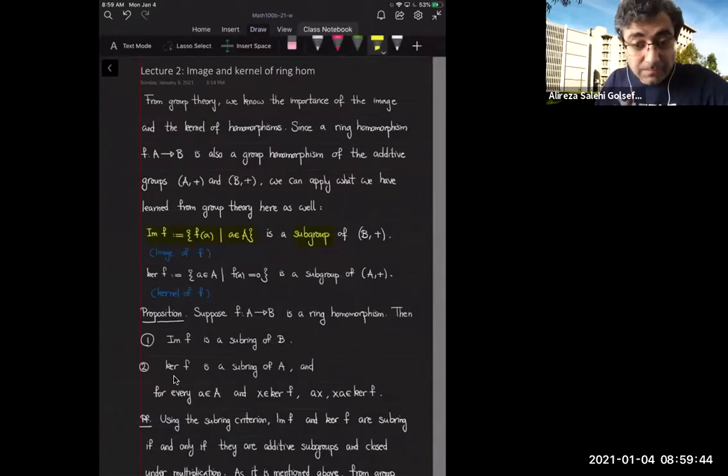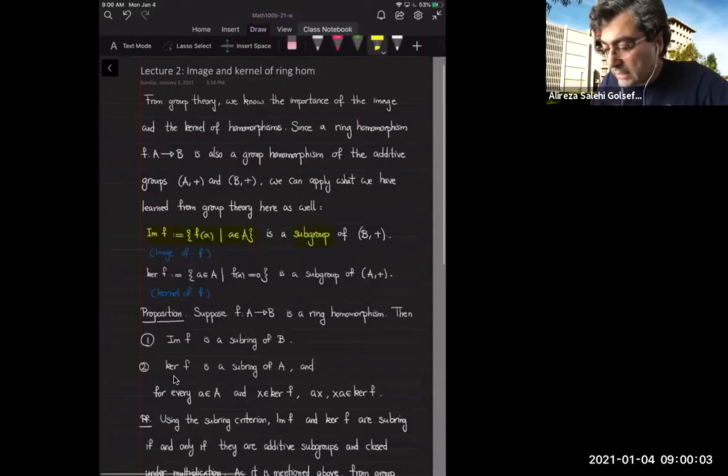Now, what is the kernel? You've seen the kernel in group theory and also in linear algebra. The kernel of f consists of all the elements inside the domain that are killed by the group homomorphism, meaning all a in the domain where f of a is 0.